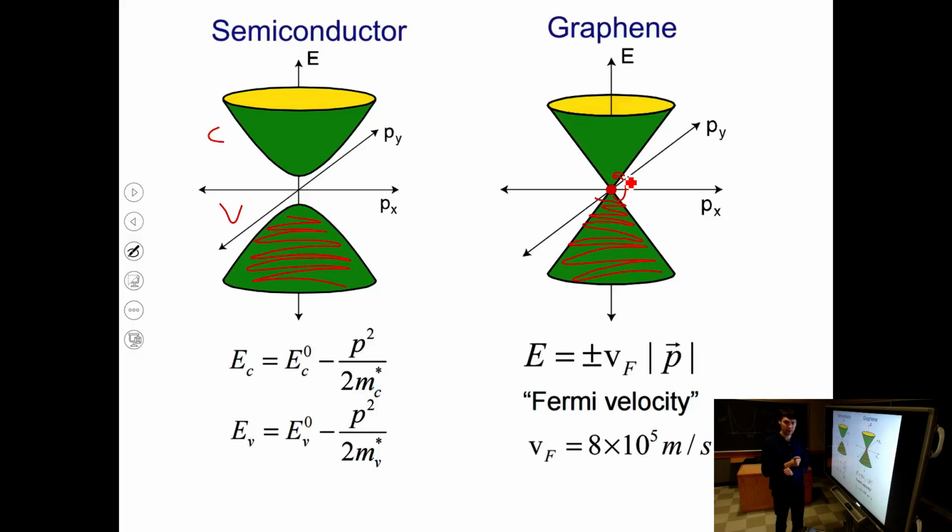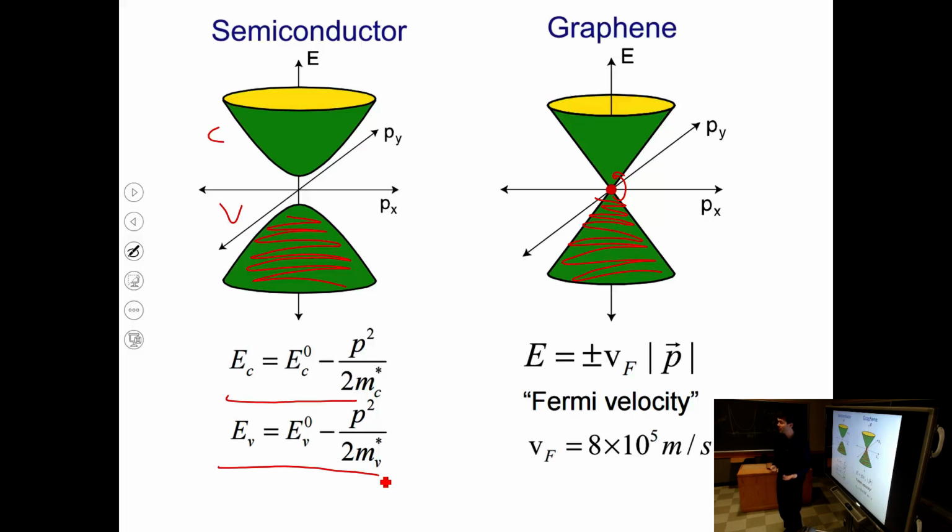There is another very, very interesting thing about this band structure in graphene, which is the shape of the dispersion relation. Whatever we looked at so far always had a parabola dispersion relation, like is shown here. This is for the conduction band and for the valence band.